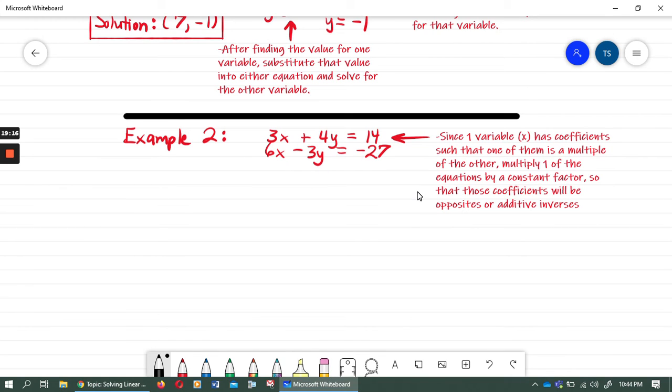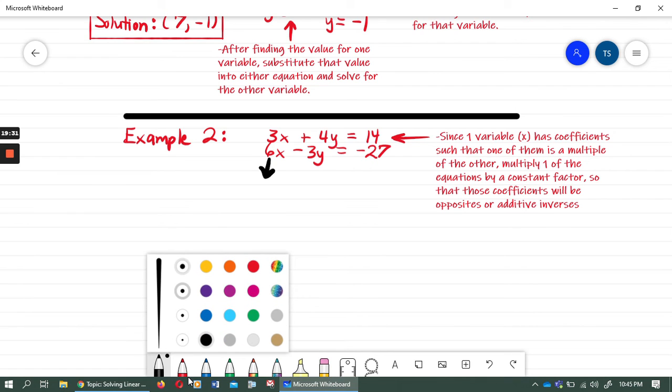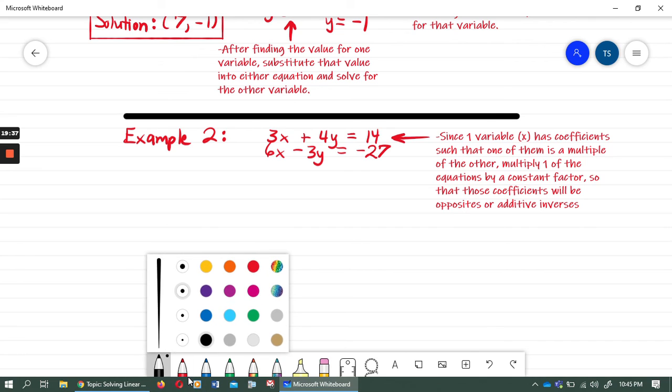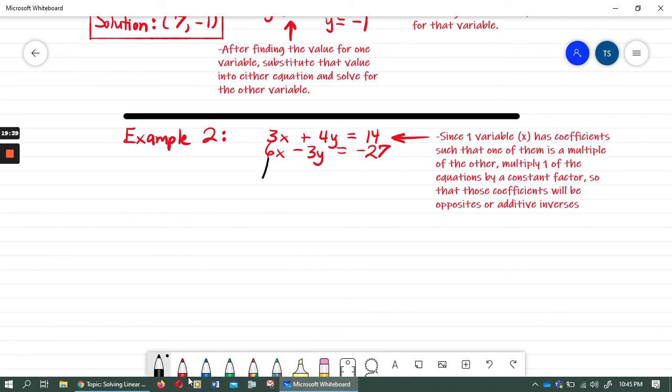Alright, so again guys, here you can see that those coefficients for x are in such a way that one of them is a multiple of the other one, right? So you can clearly see here that 6 is a multiple of 3. And I've explained to you what multiples are already.